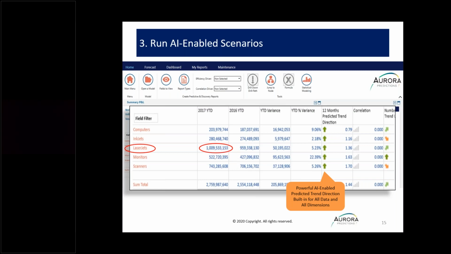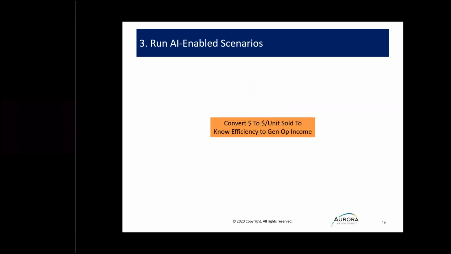The next thing we want to do is convert the whole dollars we've been working with. So I, as the analyst for my COVID-19 rapid response team, have learned that LaserJets provides the most operating income.